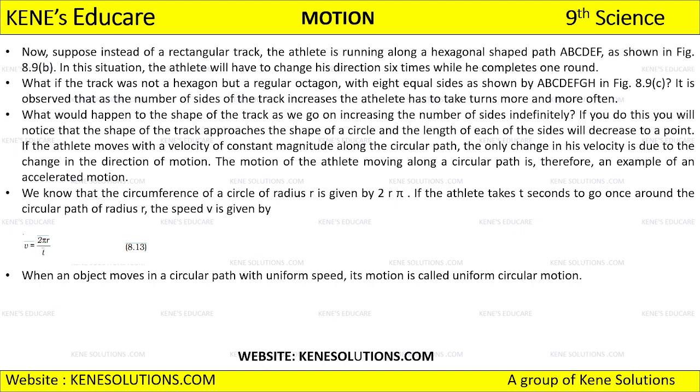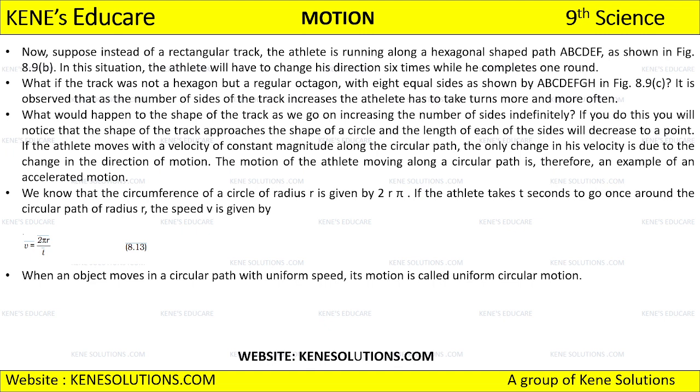So if the athlete takes t seconds to go one round along the circular path of radius r, then the speed, which we represent as v, is given by v = 2πr/t. This becomes equation 8.13. And when an object moves in a circular path with uniform speed, its motion is called uniform circular motion.